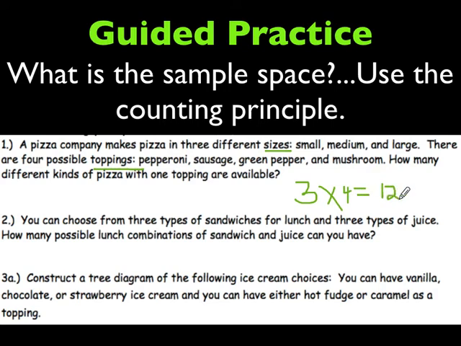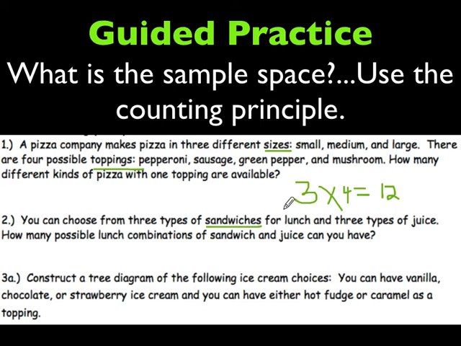Okay? Now, in the second example, you can choose from 3 types of sandwiches for lunch and 3 types of juice. How many possible lunch combinations of sandwich and juice can you have? So for the sandwiches, again, let me use a different color.